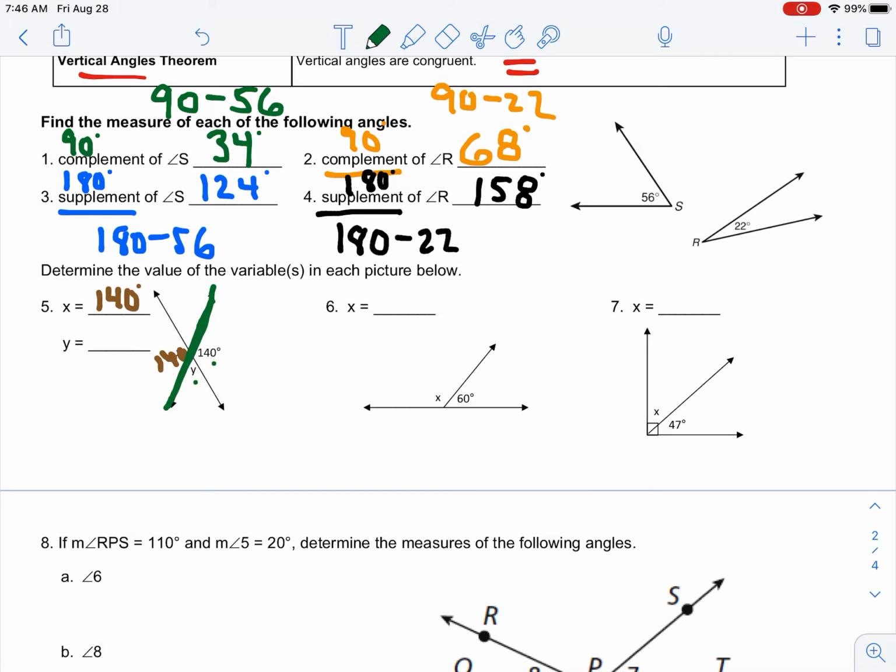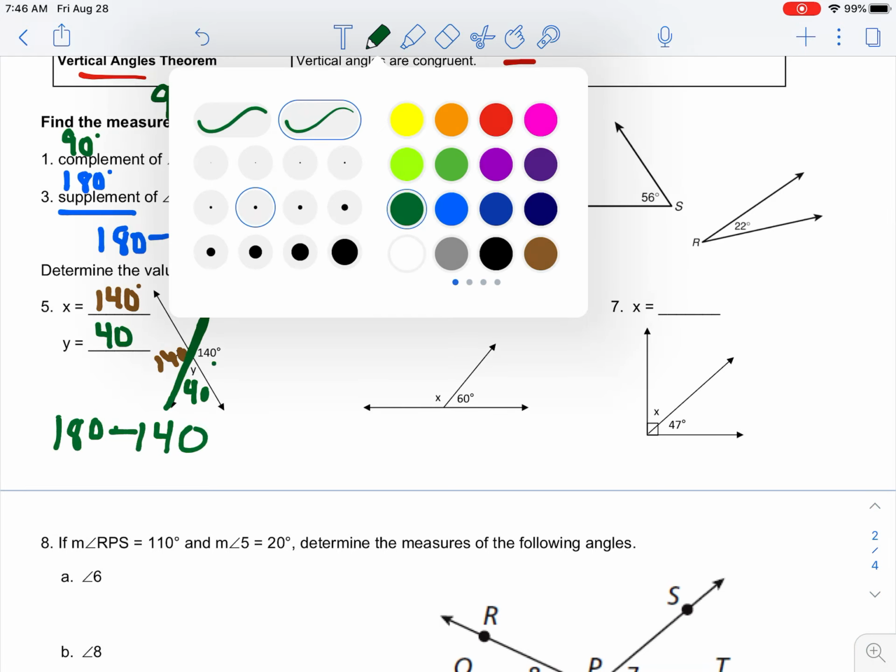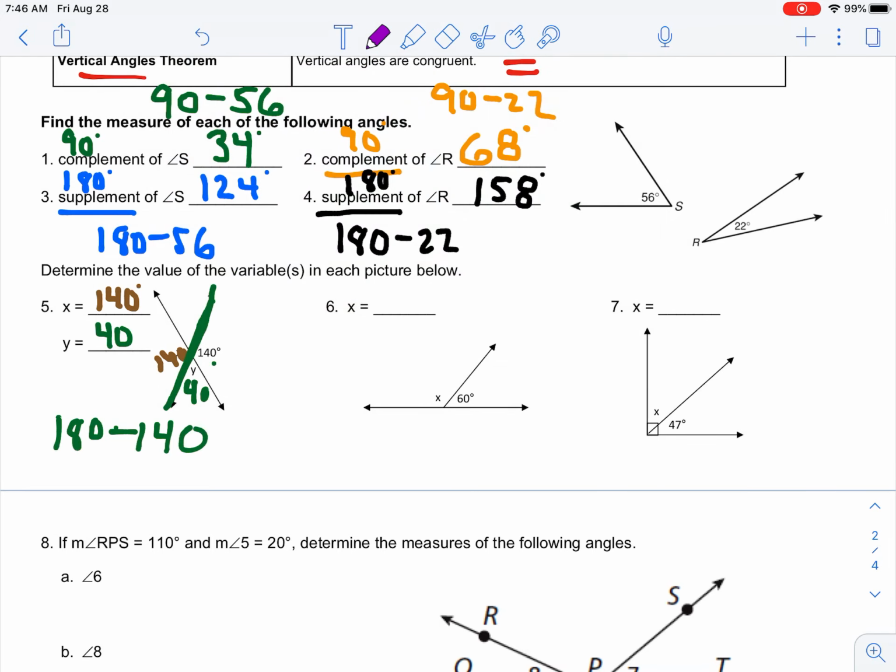Well, we know that a straight line has to add up to 180. So if I have 140 there, I can do 180 minus 140, and that will tell me that 40 is left over. Okay, so vertical angles are equal. Angles next to each other on a straight line have to add up to 180.